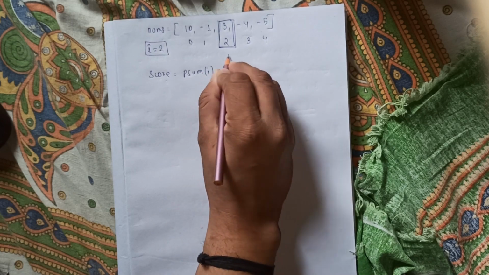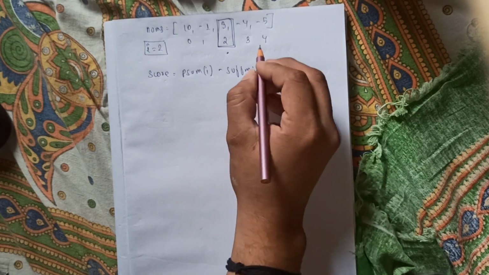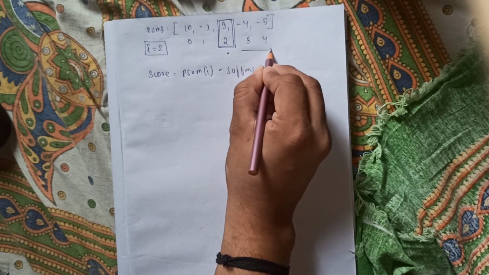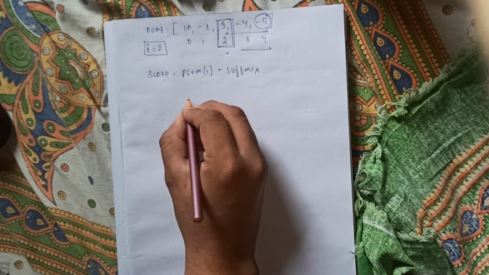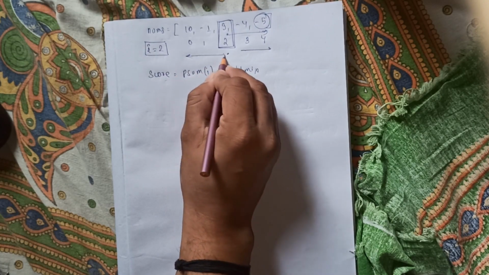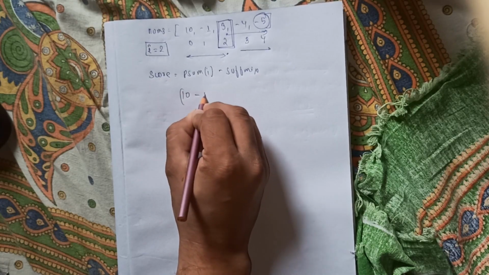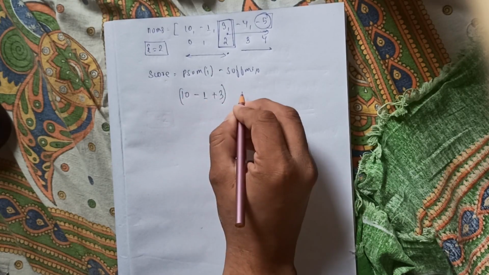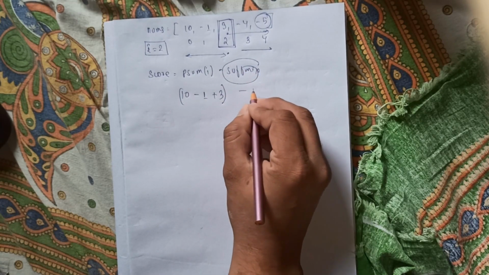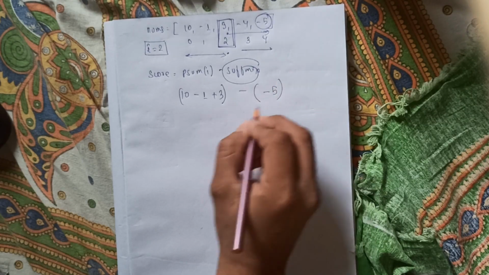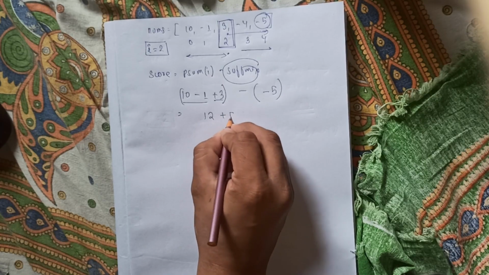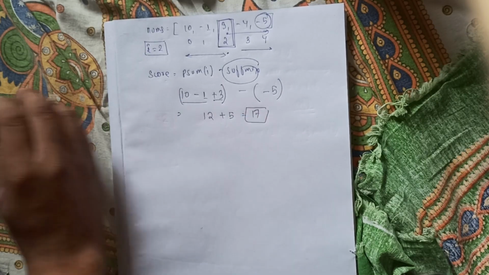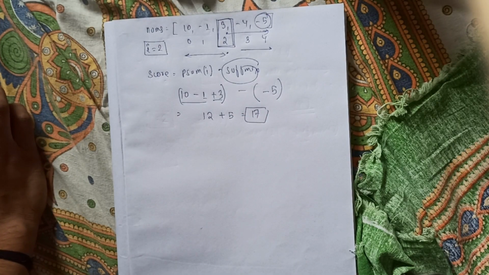So the minimum after this index 2. If we look at this, the minimum will be minus 5. The prefix sum till this point will be 10 minus 1 plus 3, and the suffix minimum is minus 5. So ultimately it becomes 12 plus 5, which is 17, and 17 was the best answer for this test case.